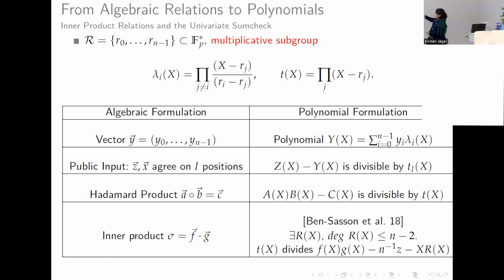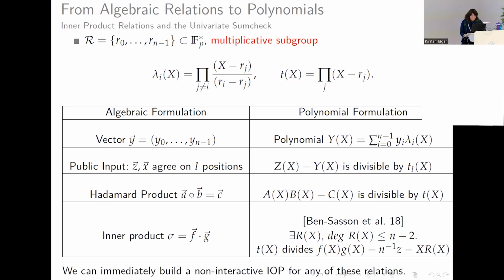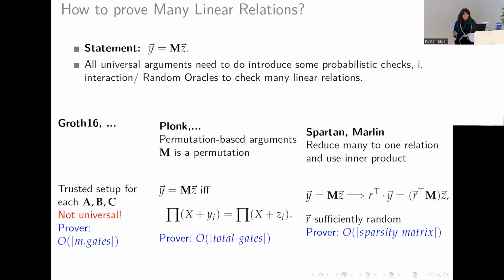We know how to prove one inner product, so one relation, but not many. So in reality, and I think that's very important to understand, the difficult part of SNARKs in some settings is proving the linear relations, okay? Because of this, there have been different approaches to address this problem with the linear relations, okay?